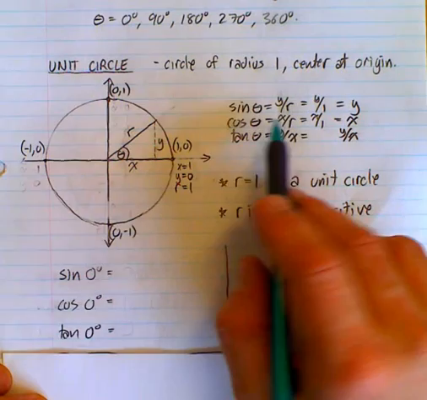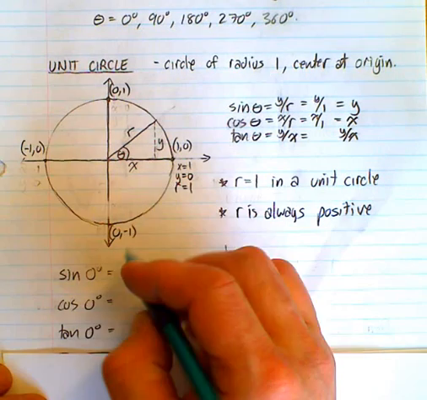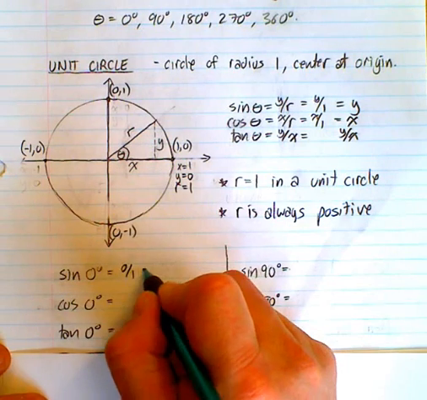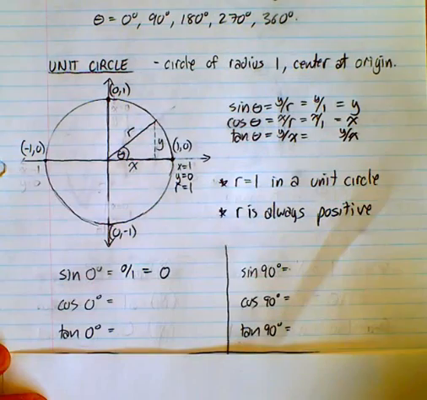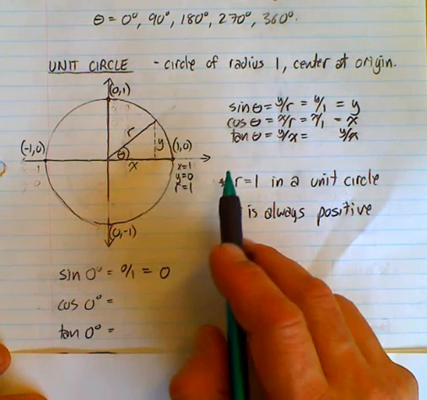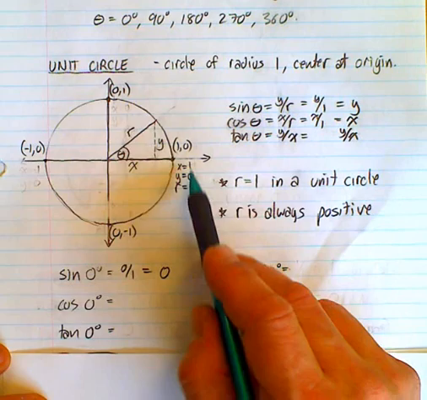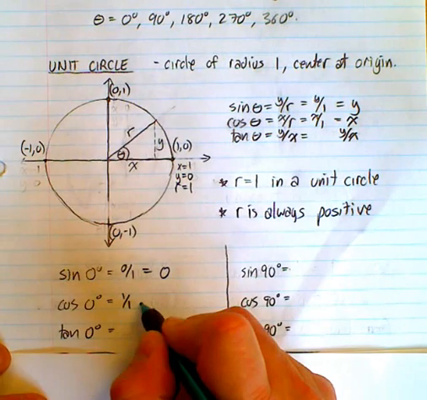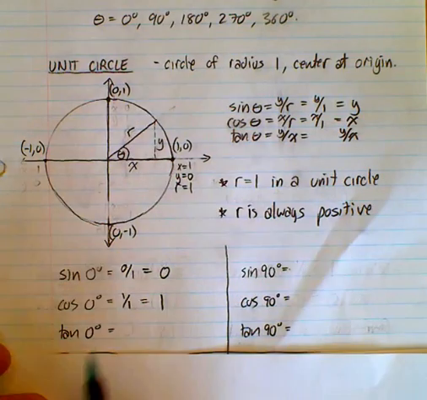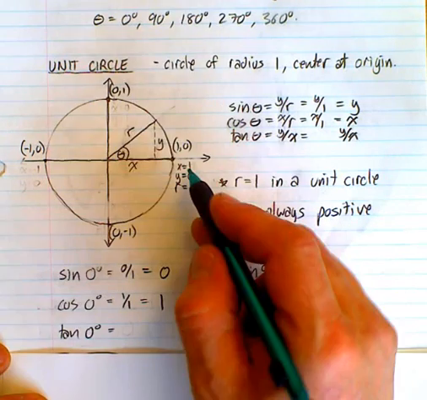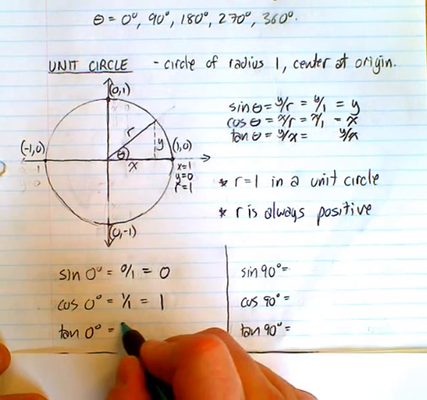Sine 0 is y over r, so it's 0 over 1, or 0, right? Your cos 0 is x over r, 1 over 1, that gives me 1. And your tan 0 is y over x, so 0 over 1, and that gives me 0, okay?